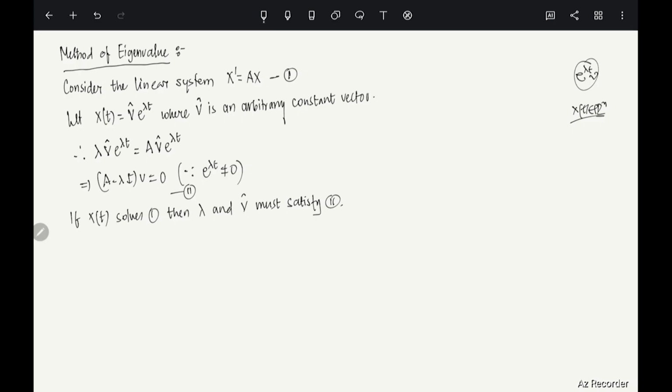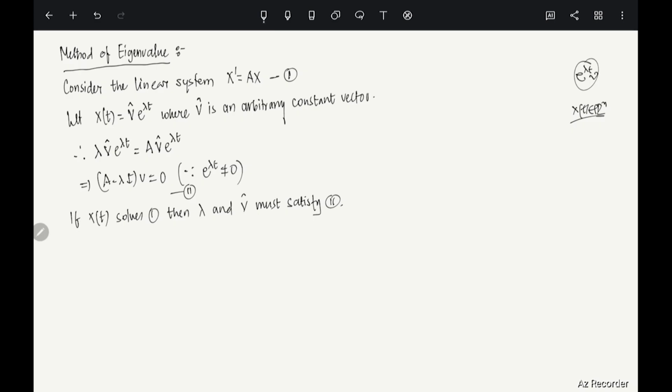We are always assuming v to be non-zero, because if v is 0, of course there is a solution, the zero solution. That's not interesting. So we are looking for an eigenvalue problem. If we can solve the eigenvalue problem, we get a lambda and a v, and you just put it there, and then you have your solution. So that's the idea essentially.